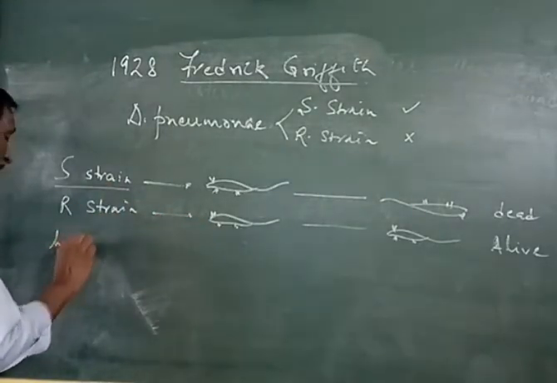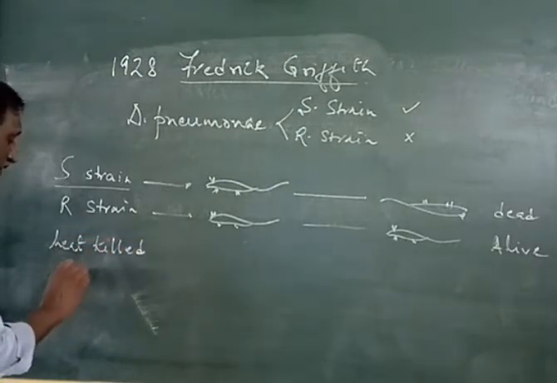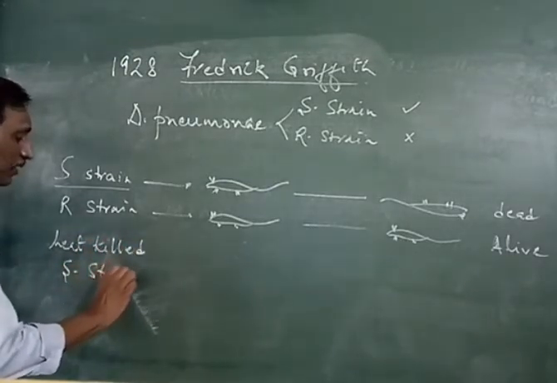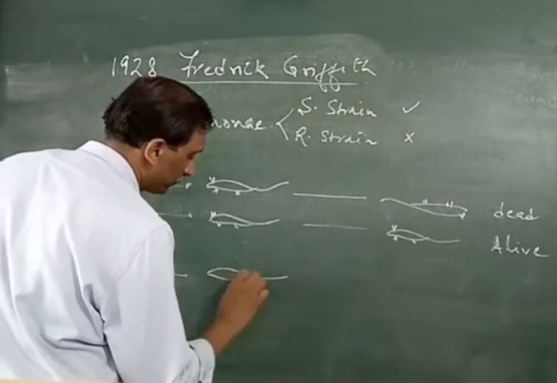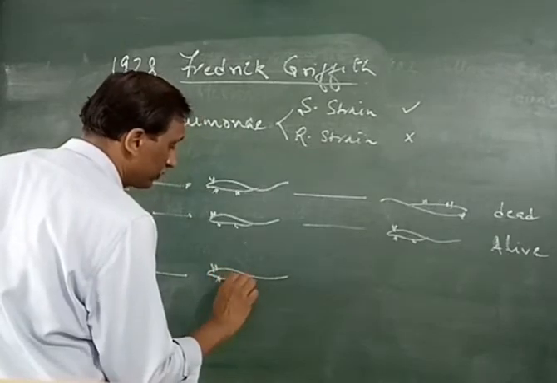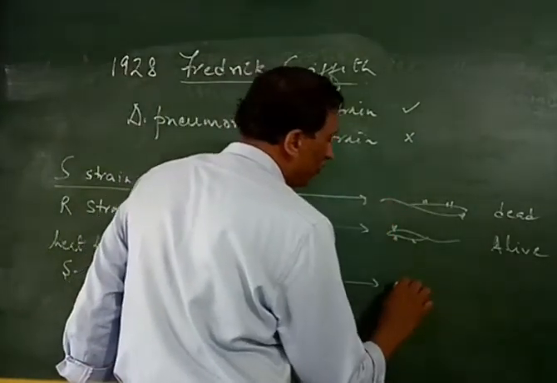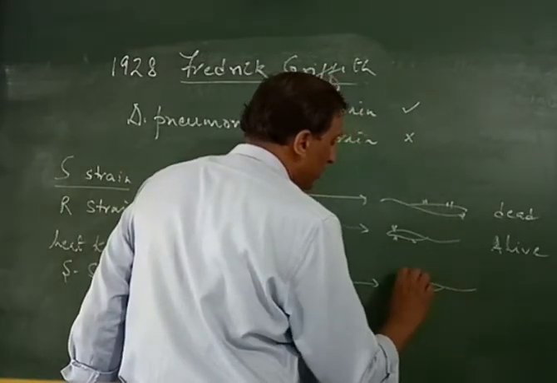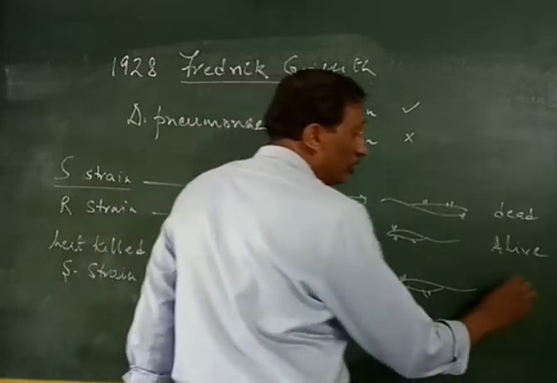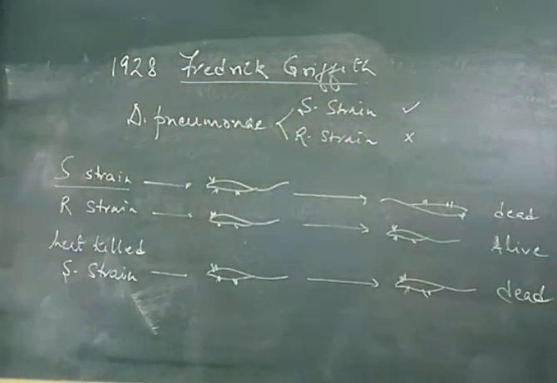I'll write it, heat killed S strain, when injected into the rat. He found that the rat did not die. Obviously, why will the rat die? Because the bacteria were already dead and could not cause disease. So the rat did not die.